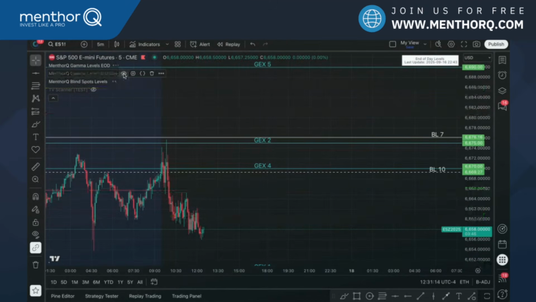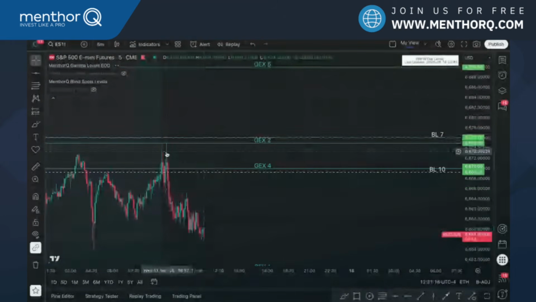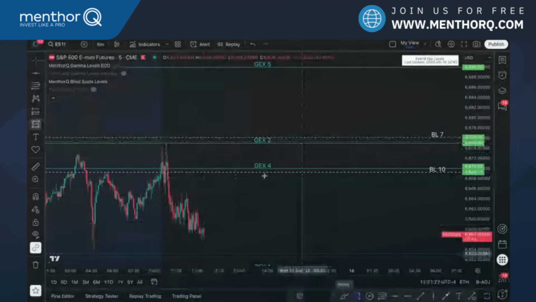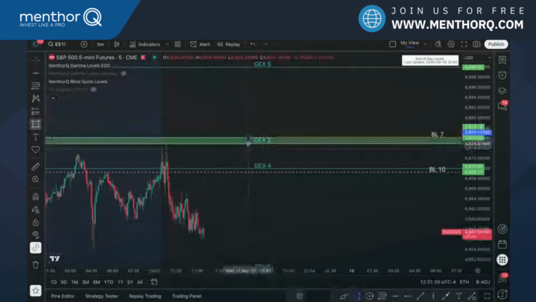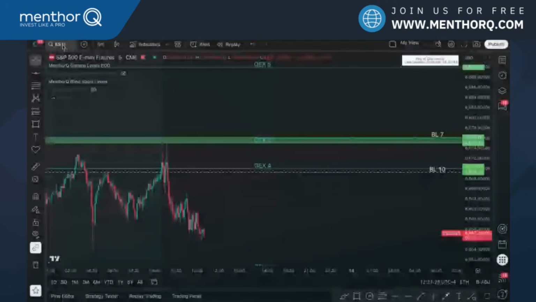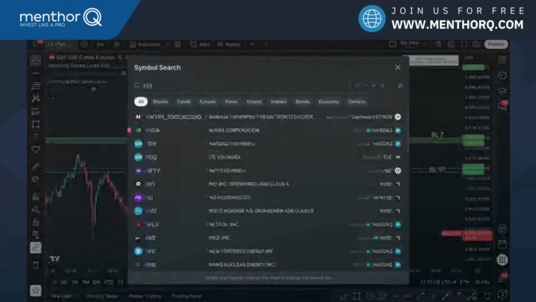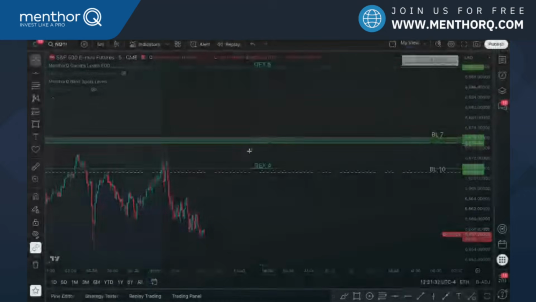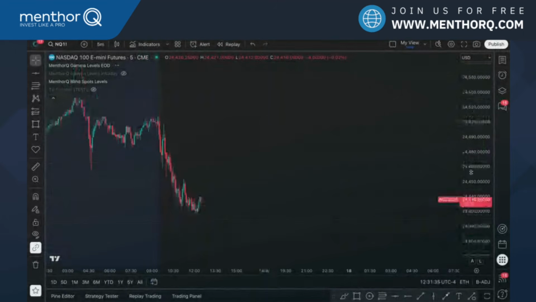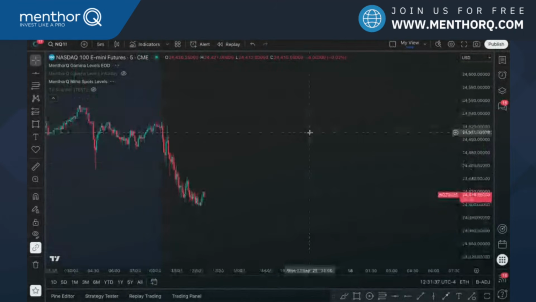So let's look at it today. The market moved up and then dropped, and this was right here at BS7 and JAX2. JAX2, a very important level. Let's move to NQ, for example. Now we see BL4 acting as a strong support to the downside.